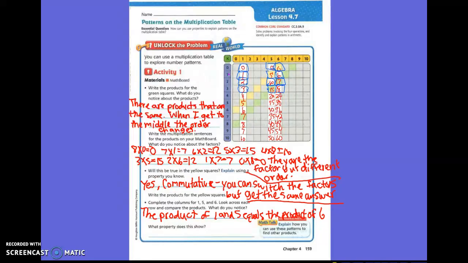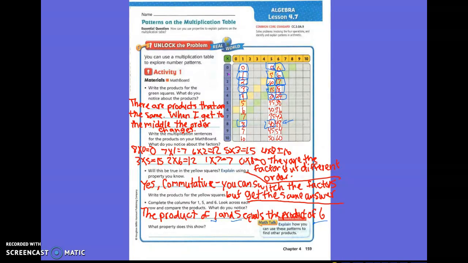Okay? So the product of 1 and 5 equals the product of 6. So if you add the answer here and the answer here, you're going to get this answer. So let's put in here 8 plus 40 equals 48.